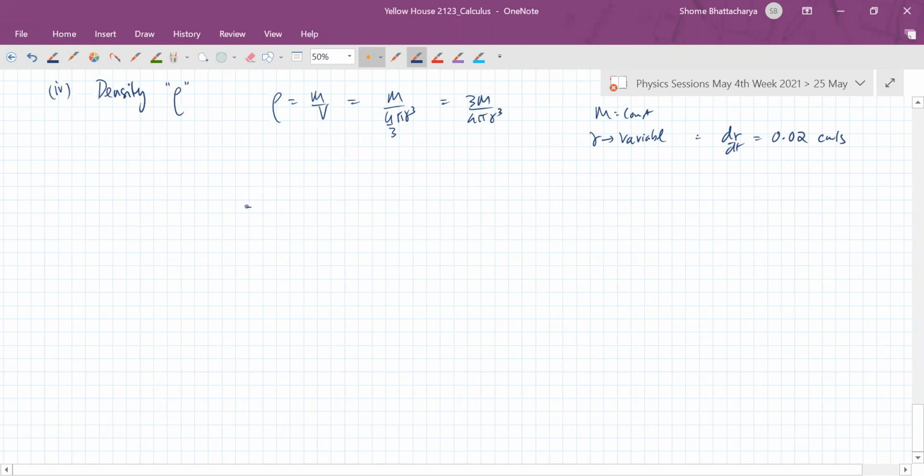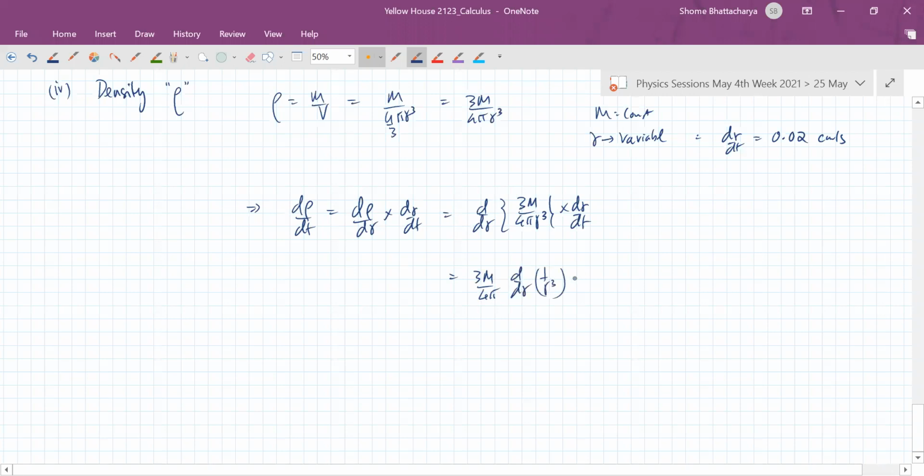So now I want to find the rate of change of density with respect to time. So that is the rate of change of density with respect to r into dr by dt. If I use this formula here, it is differentiation of 3m by 4 pi r cube into the rate of change of r. So just take the 3m by 4 pi outside because m is a constant, and differentiate 1 by r cube, and then multiply that with dr by dt. So differentiation of 1 by r cube will be how much?